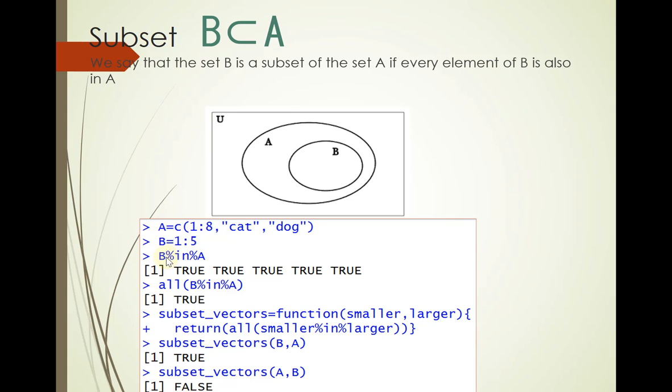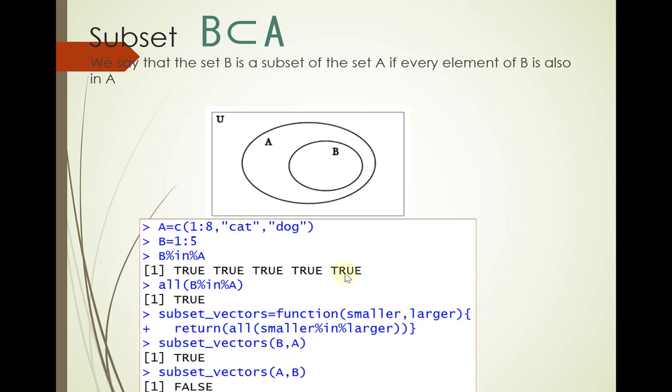So what about this? Is 1 in A? Yes. What's the next thing in here? 2. Is 2 in A? Yes. Is 3 in A? Yes. Is 4 in A? Yes. Is 5 in A? Yes. So we get true, true, true, true, true. Okay?